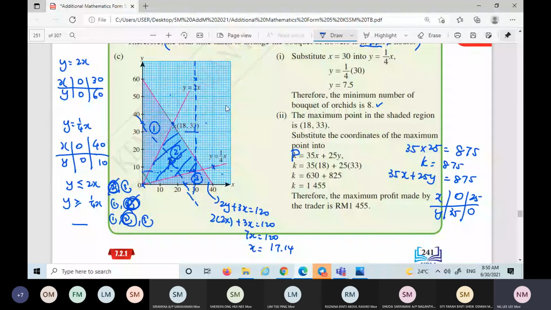You can substitute back into the y: y is 2 times 17.14, which is 34.29. So you can choose the point that is very near to 17.14 and 34.29, but you have to make sure the point is still in the region. So this is the point.